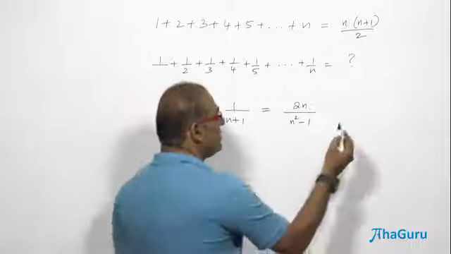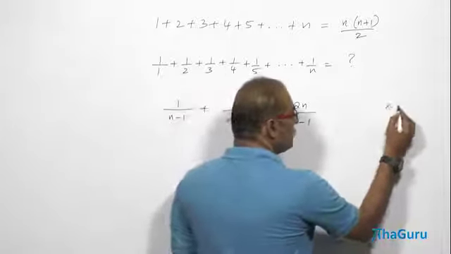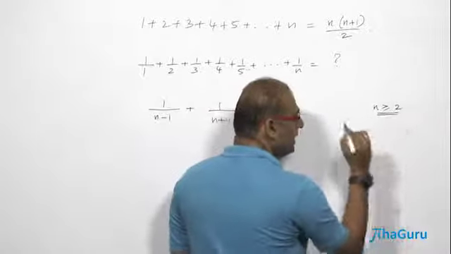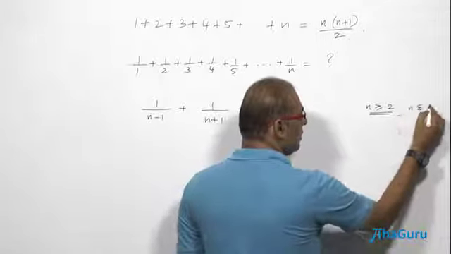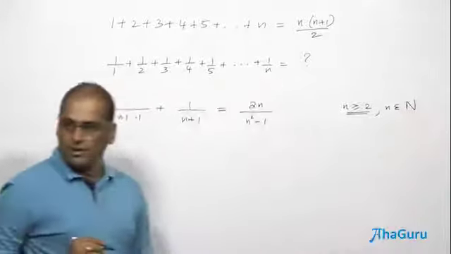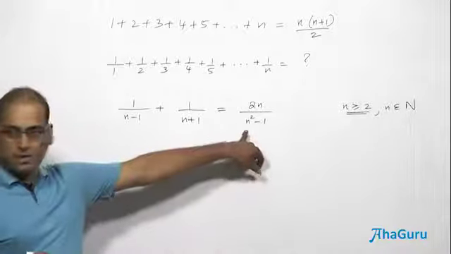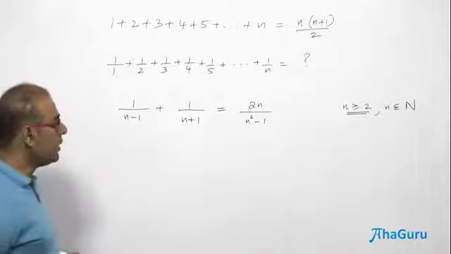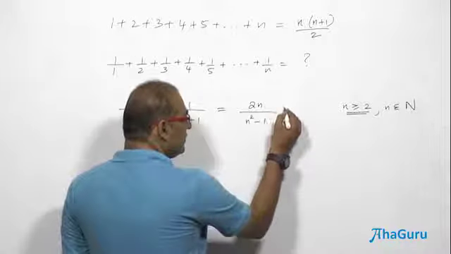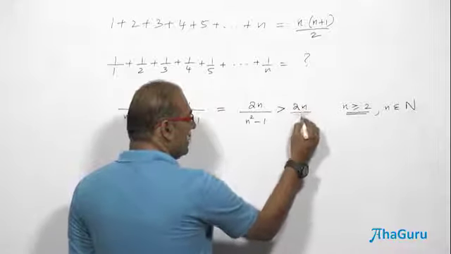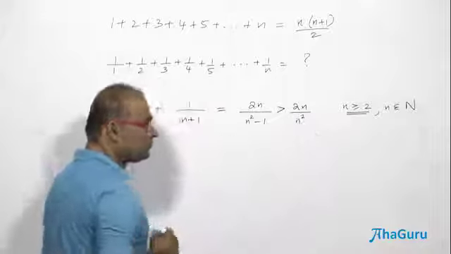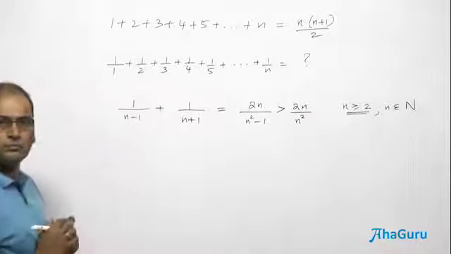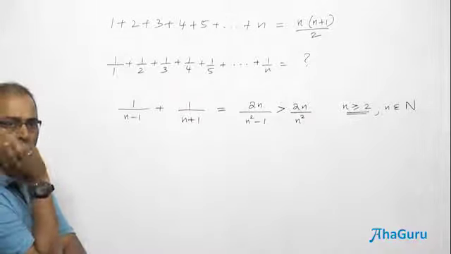Of course, I am going to take n to be a natural number greater than or equal to 2, because otherwise n minus 1 is 0, which is invalid. So, can I say that this is greater than 2n by n squared? Yes or no? Why?